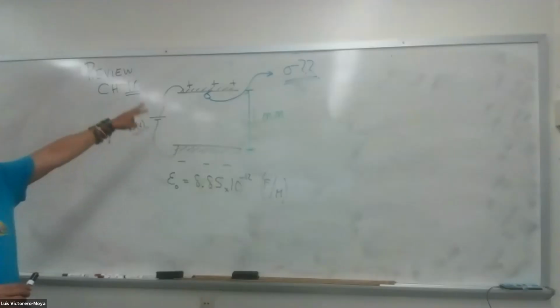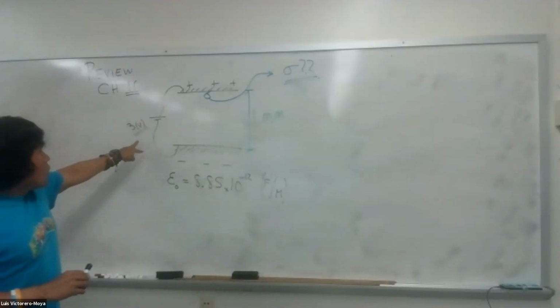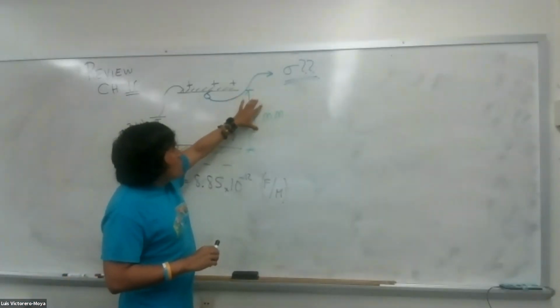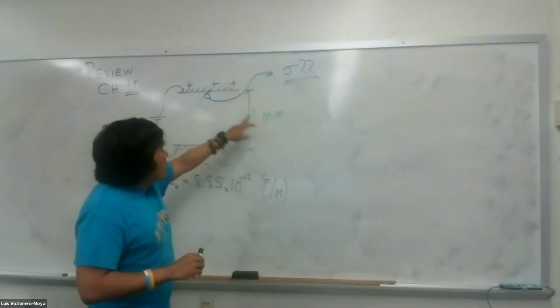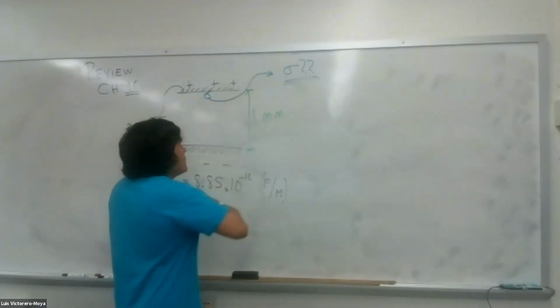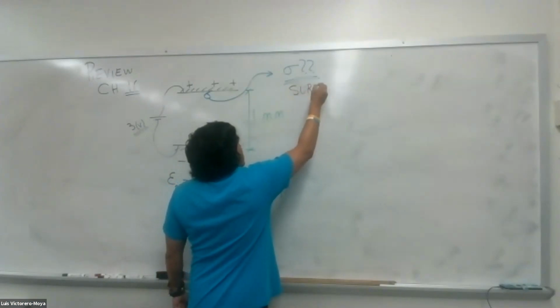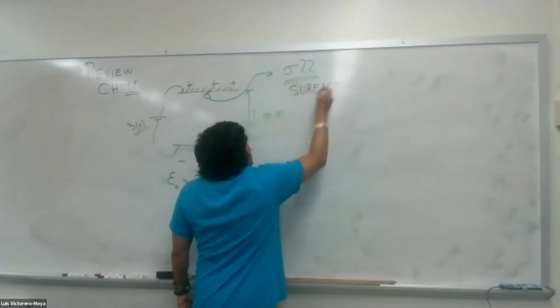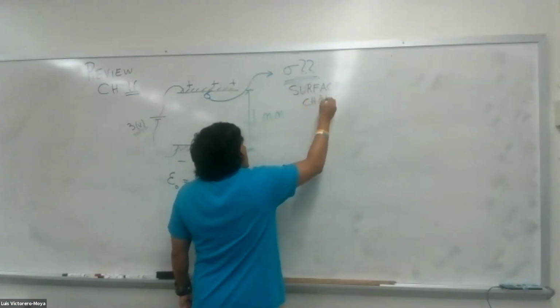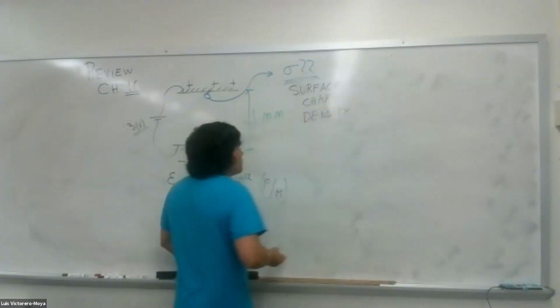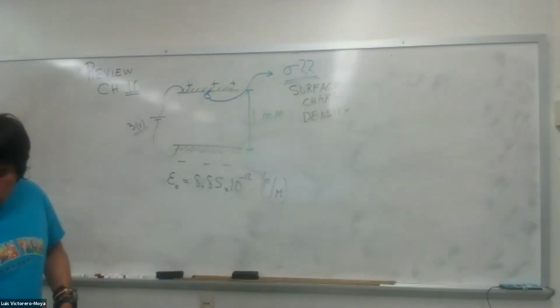You have the parallel plates connected to 3 volts and with a distance between the plates of 1 millimeter. They're asking you to find the sigma. What's the surface charge density?